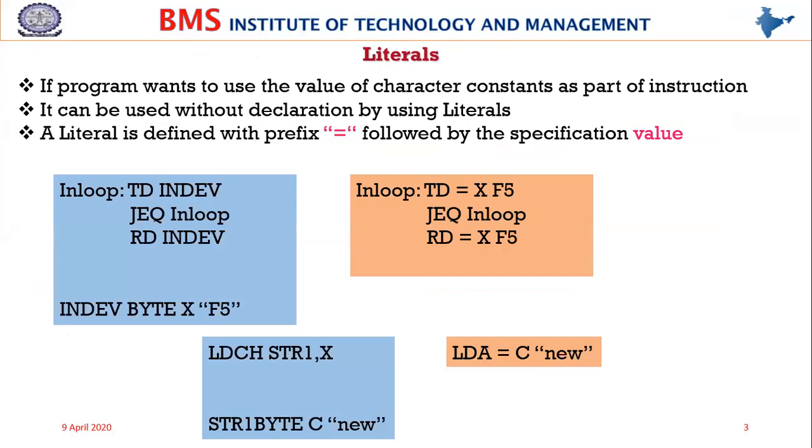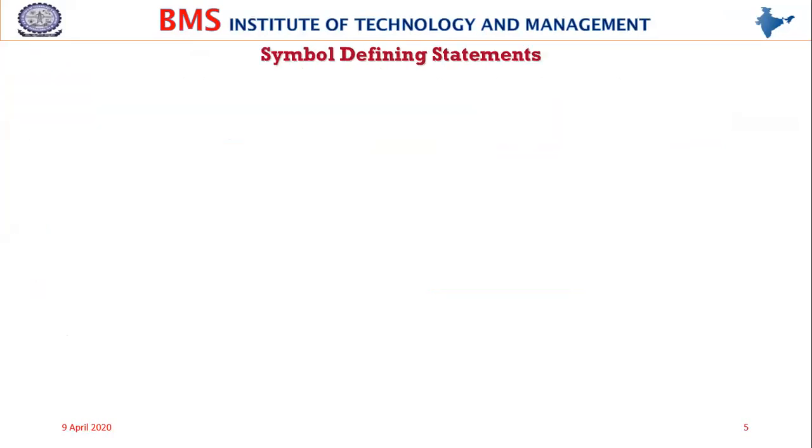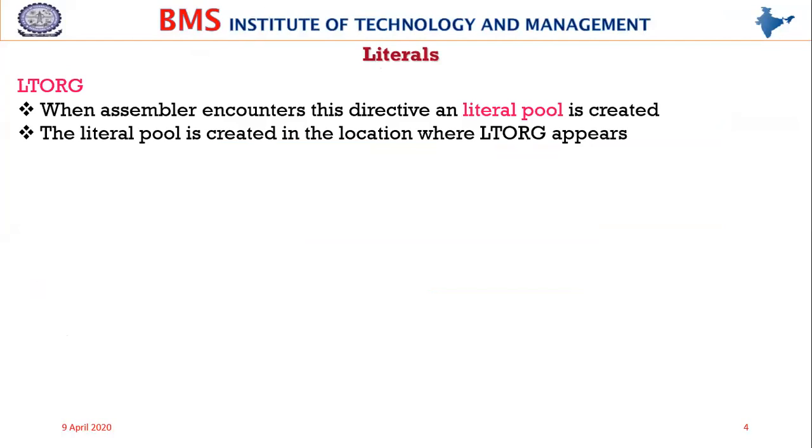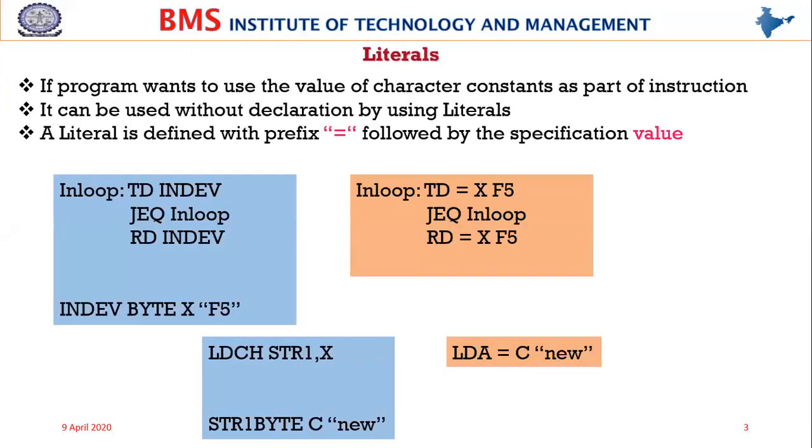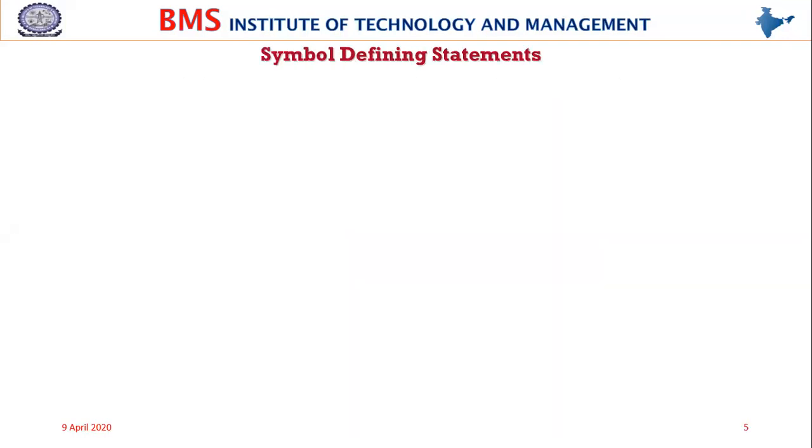Memory is allocated for them at a place specified using LTORG. If not specified, they are allocated by default at the end of your declarations. So this is one use of literals, which is directly using character constants and string constants in the instruction itself, just similar to our immediate addressing.